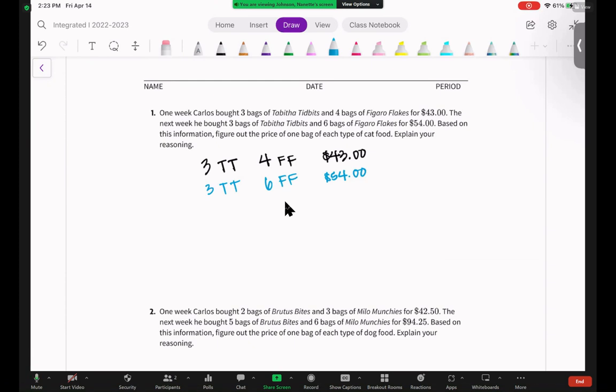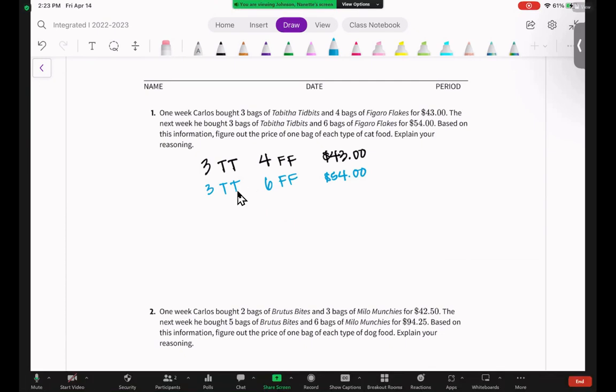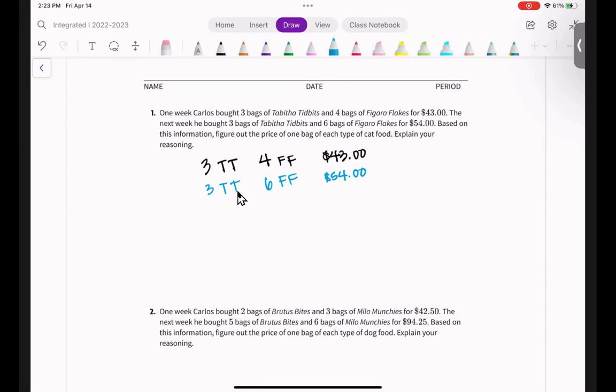And maybe you say, oh, I didn't notice that. If you didn't notice that both of these purchases had 3, no big deal. Now whenever I ask you what do you notice, look for things that are the same, look for things that are different. Because once you start doing that, that is going to increase your level of math understanding.